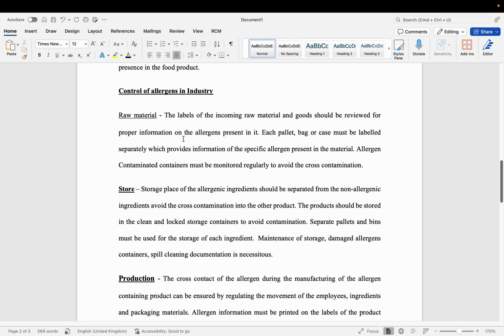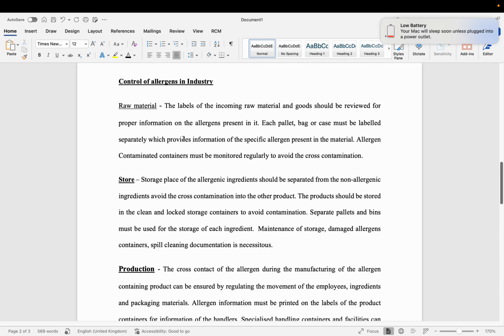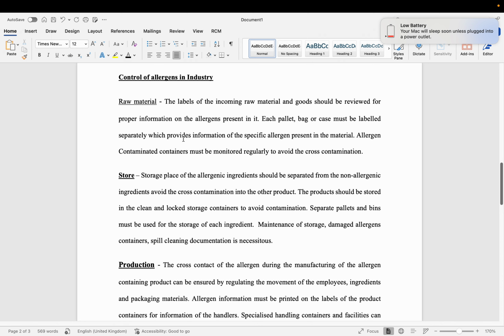They can simply identify the allergens present based on that. There are allergen matrices placed in some of the food industries, which give all the information on what allergens are present. Some of them do color coding for proper identification.